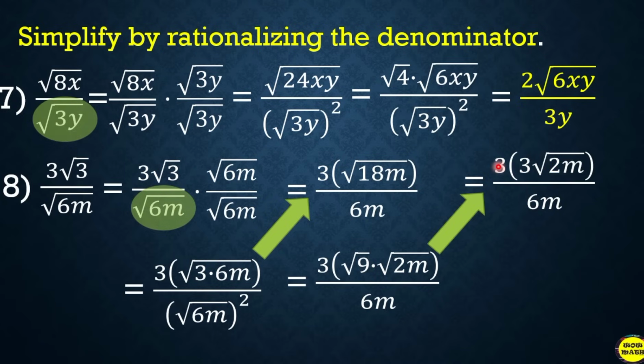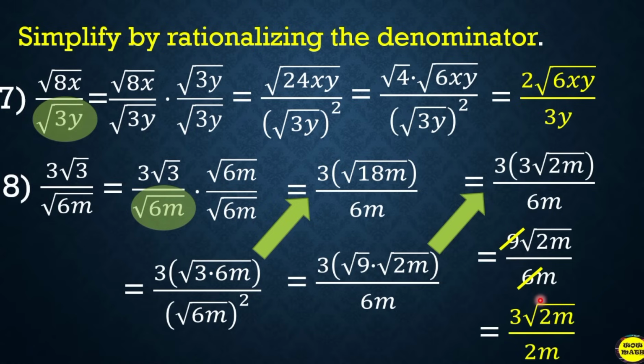So, therefore, 3 times 3, okay, that is 9 square root of 2m over 6m. Pero class, ito ay pwede pa natin i-lowest term, no? By 3. So, si 9 saka si 6. And that is 3 over 2m. Okay? So, 3 square root of 2m over 2m. Kasi si 9 saka si 6 ni-lowest term natin. Okay?